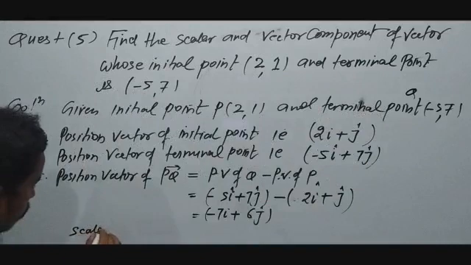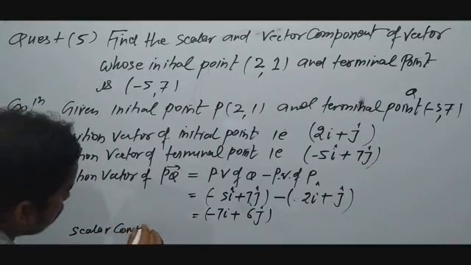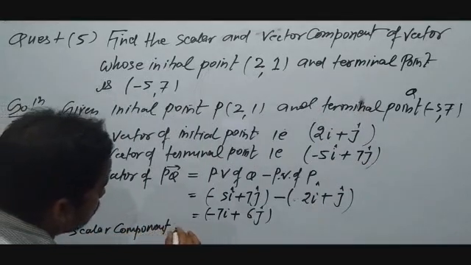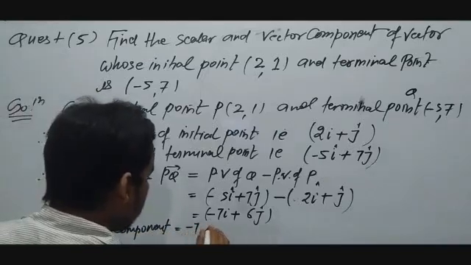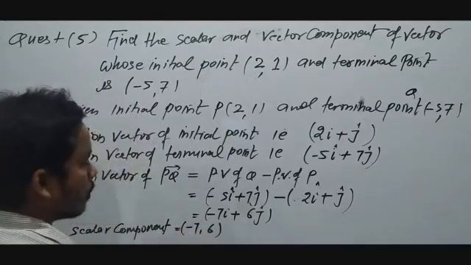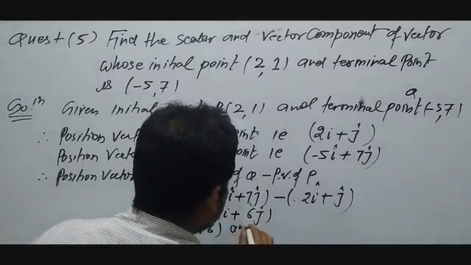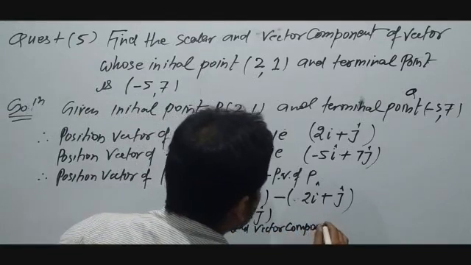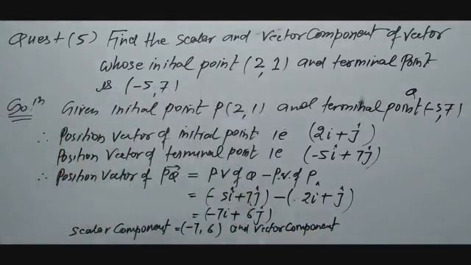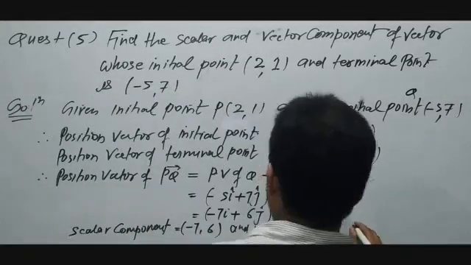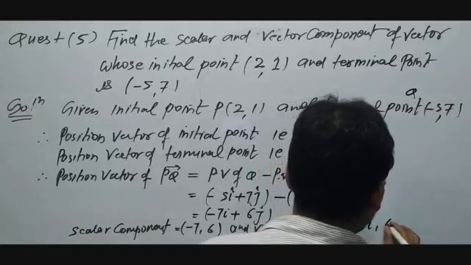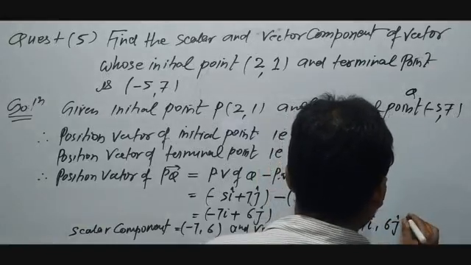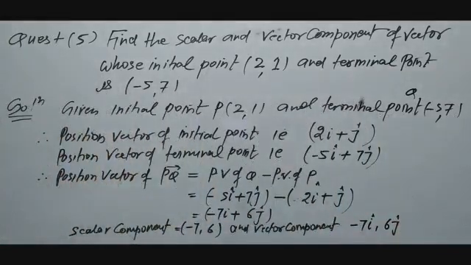Scalar components is equal to minus 7, 6, and vector component is minus 7i, 6j. Now this question is totally completed.